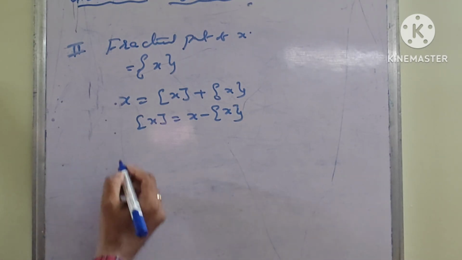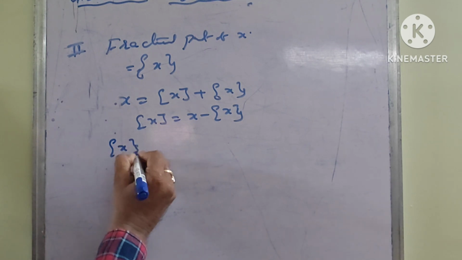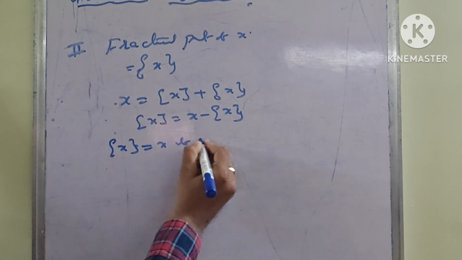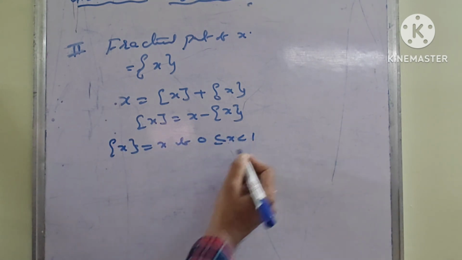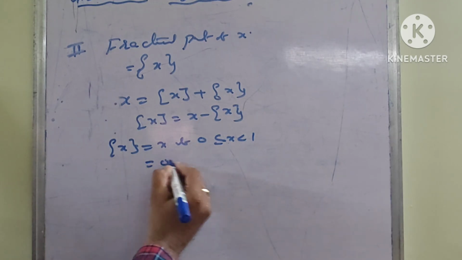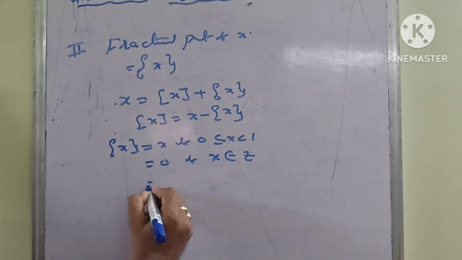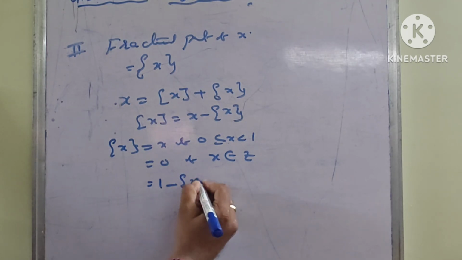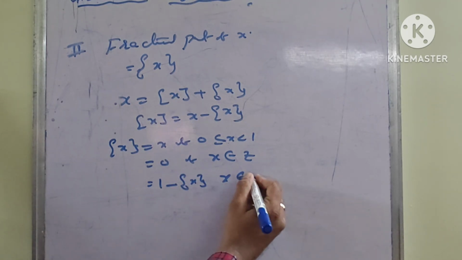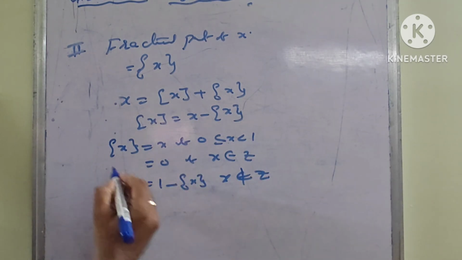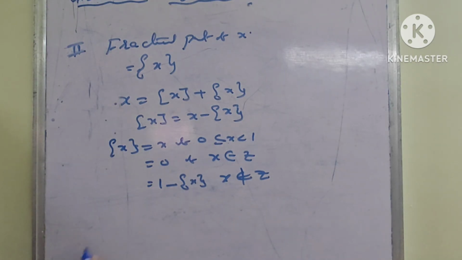The fractional part of x is x if 0 < x < 1; it is 0 if x belongs to Z, and 1 minus fractional part of x if x does not belong to Z. So this is the fractional part of x.